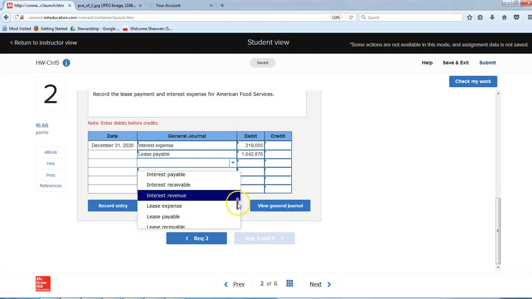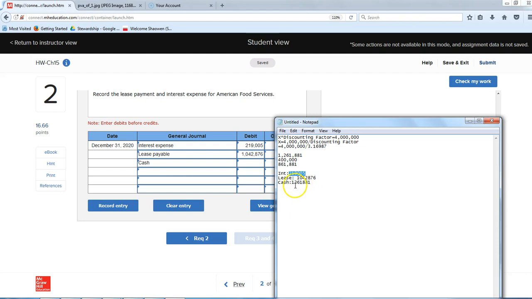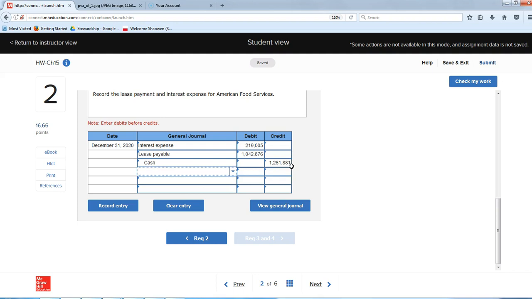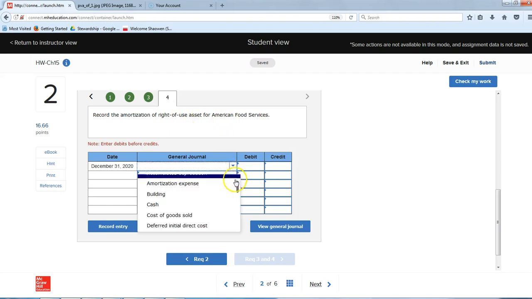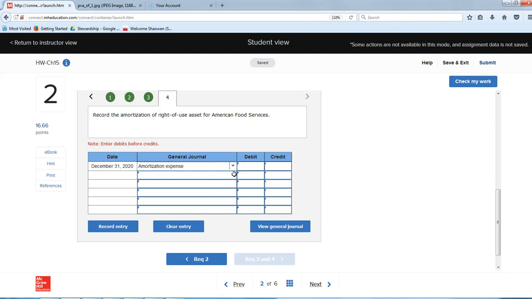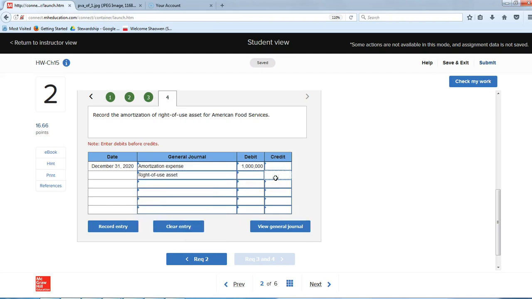And cash payment, $1,261,881. And then the amortization of the right of use asset is still the value of your right of use asset divided by the lease term. The right of use asset is reduced by this amortization.